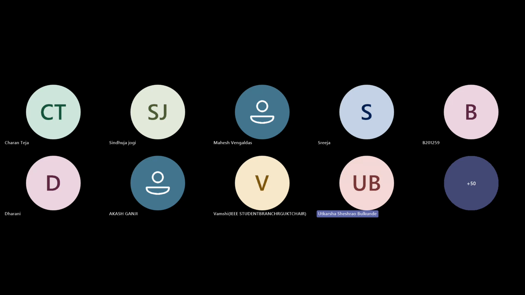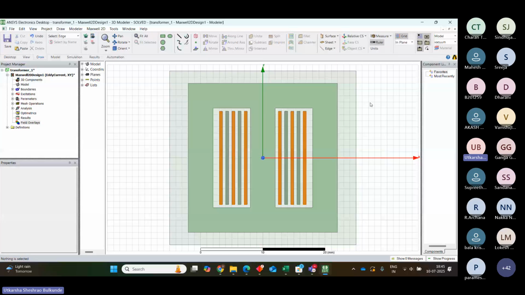For applying a boundary, the first thing is that from here, it is by default set to object. The screen is not visible, ma'am. Okay, sorry. So by default, object must be shown here, right?